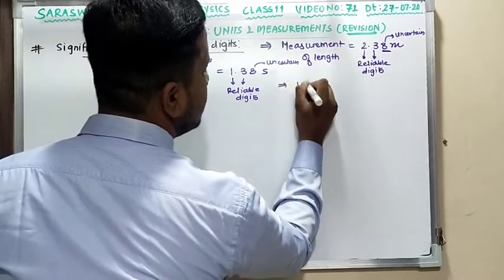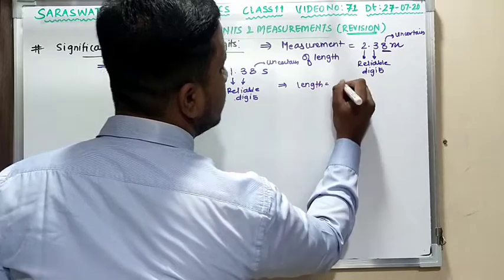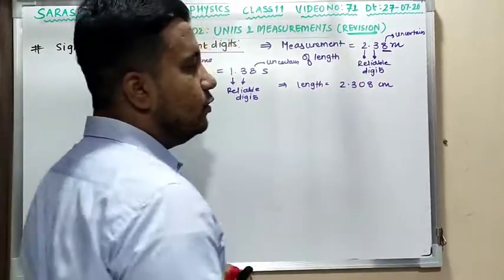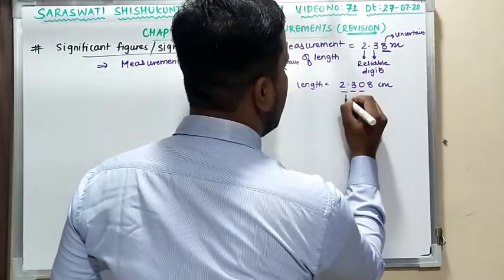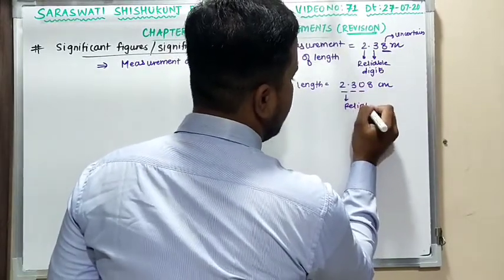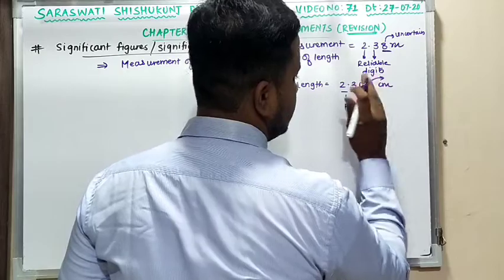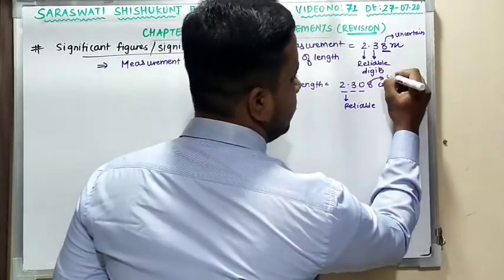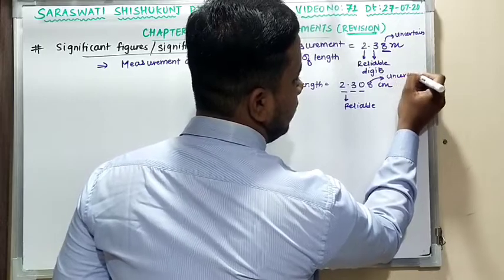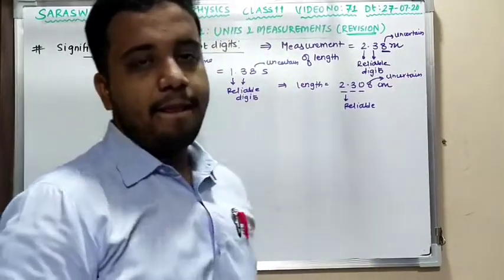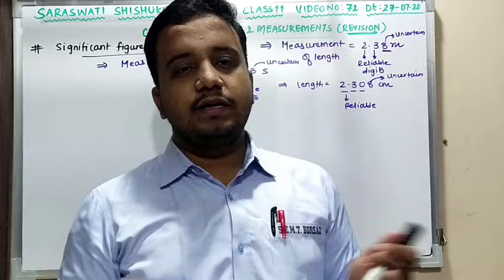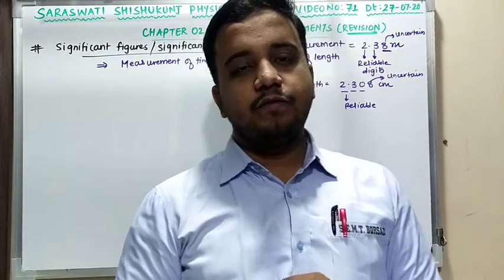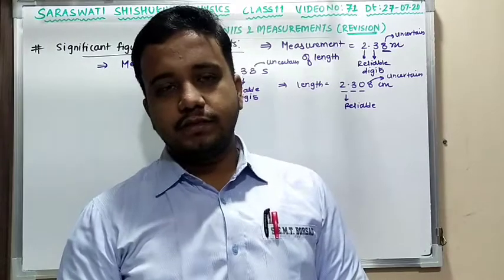If somebody gives you a measurement of length found to be 2.308 centimeters, you'll notice 2, 3 and 0 are reliable. The rightmost digit at the end is uncertain. Is this clear? The reliable digits as well as the uncertain digit in the figure together give you significant digits.